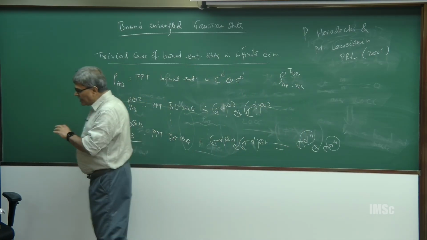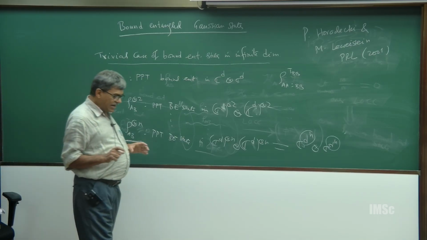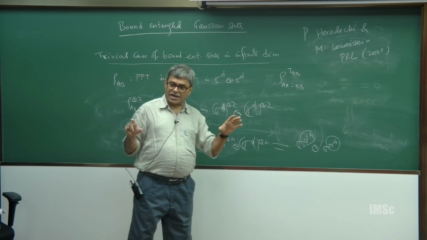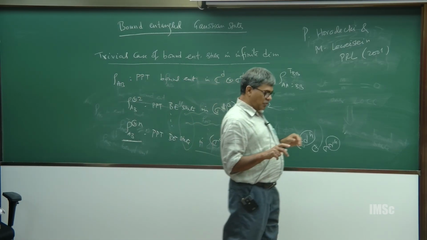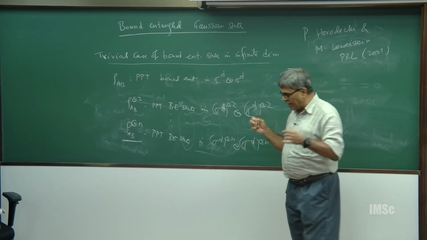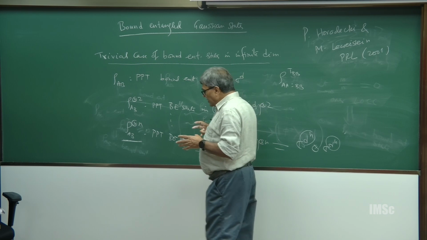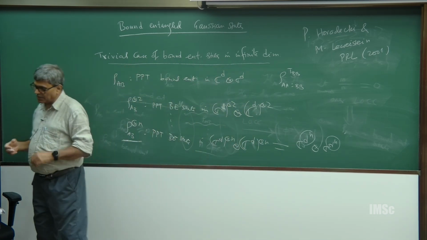So, bound entangled states are something similar to that. In order to create bound entangled states, you need some amount of entanglement. So, we say that the entanglement cost of a bound entangled state is positive, because you need some amount of free entanglement to create it, but you cannot extract or distill free entanglement out of it.